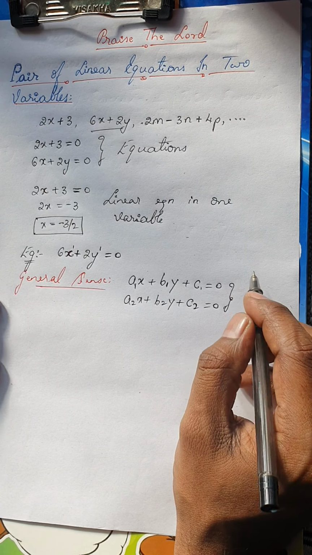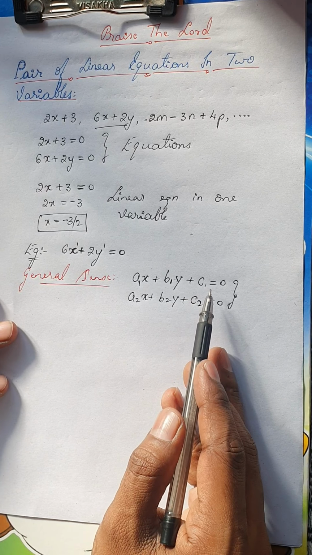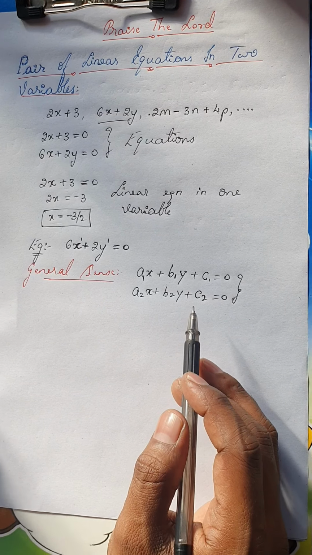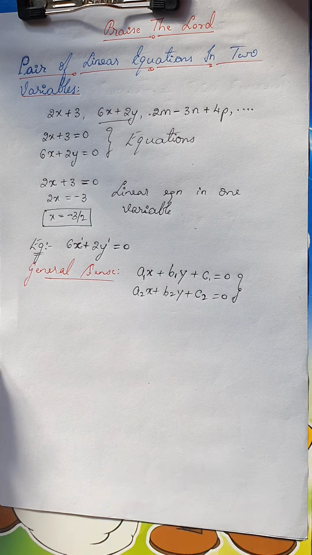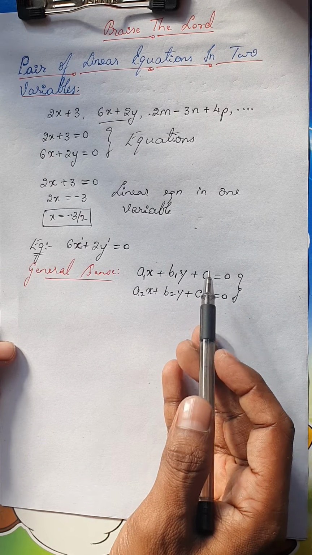Now you might be wondering, why do you need a pair of linear equations? Remember, if you have two unknown variables, then I need two equations to solve it. The same thing, if you have linear equations in three variables, then those can be solved only if there are three equations. So two unknowns, two equations. If there are three unknowns, then three equations.